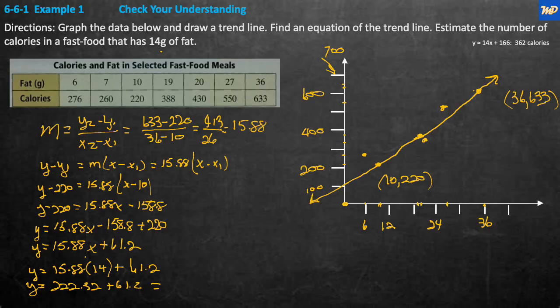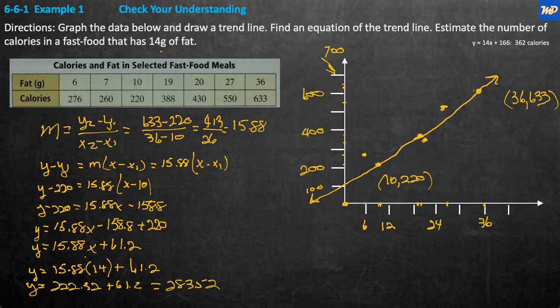I got to put a plus in there. Sorry about that. So that comes up to 283.52. So there you have it.